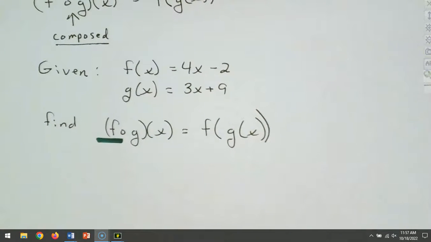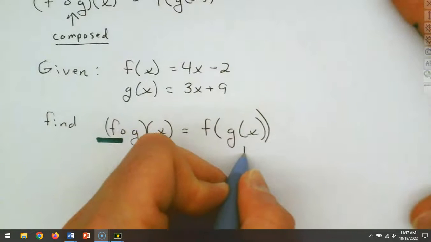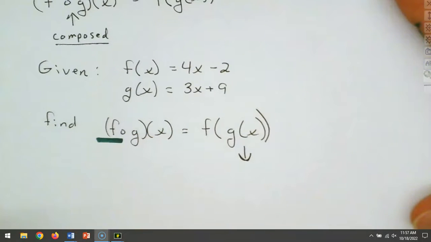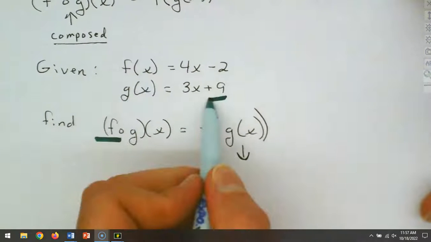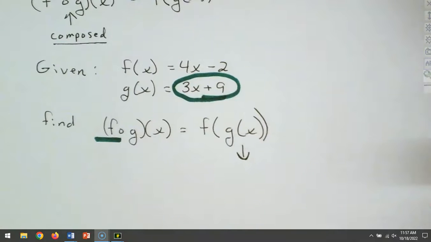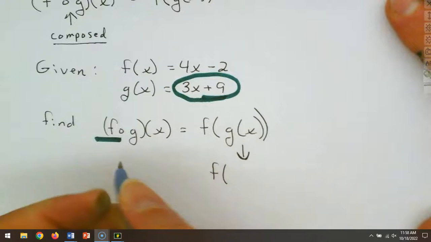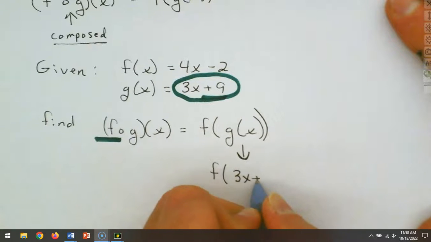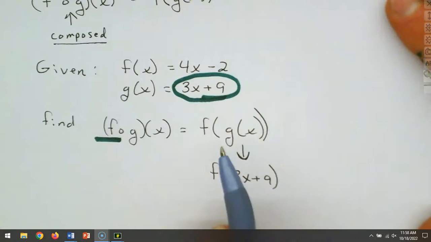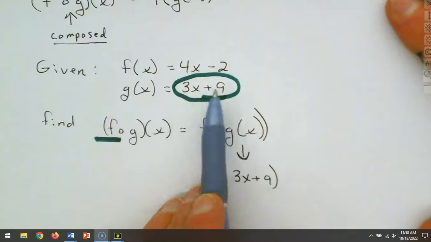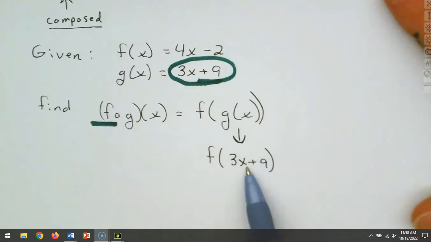Now, what is g of x defined to be? 3x plus 9, right? That's what g of x is. So I replace it. So it's just a replacement game. G of x here is 3x plus 9. So I put it here.